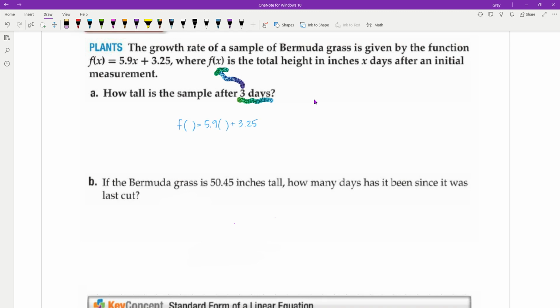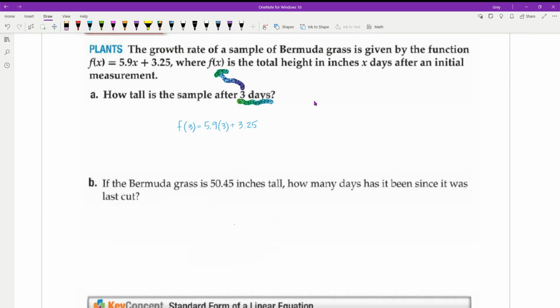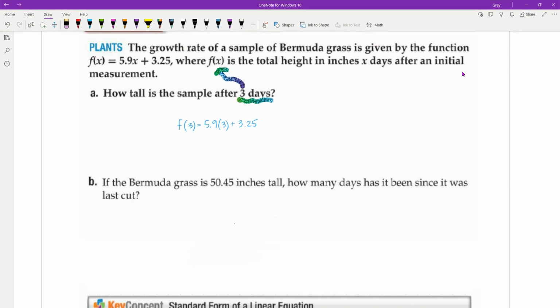When I first write that, I think it's a good practice, everywhere I have the variable x, I'm going to put parentheses, and instead I'm going to put a 3. So f of 3 equals 5.9 times 3 plus 3.25. And that, of course, equals 20.95 inches.